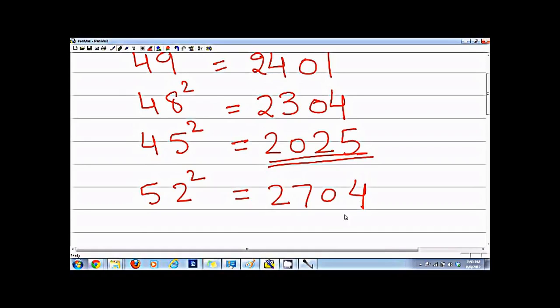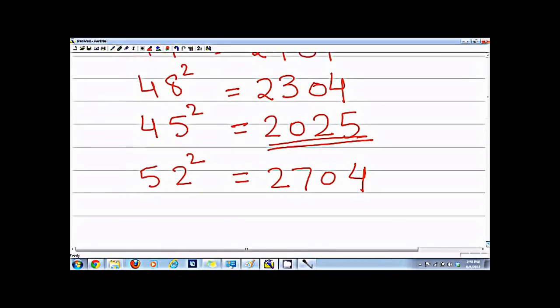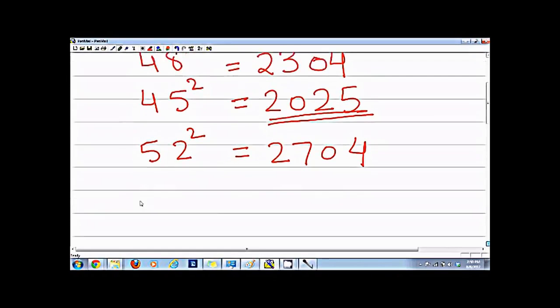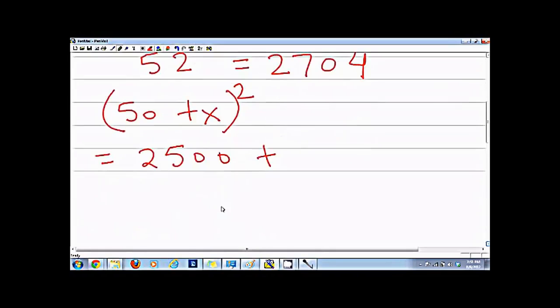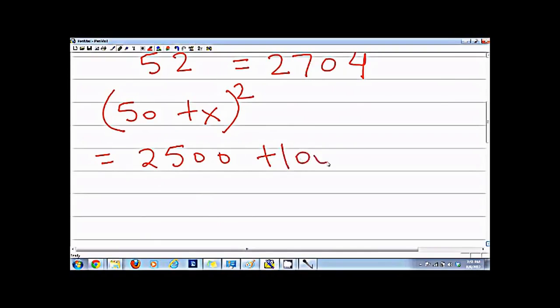So let's look at the proof. This is not magic, so I can show you how I come up with this trick. For example, if I have a number which is close to 50, so we have 50 plus x, and we take the square, so (50 plus x) squared will be equal to 2500 plus 100x plus x squared.